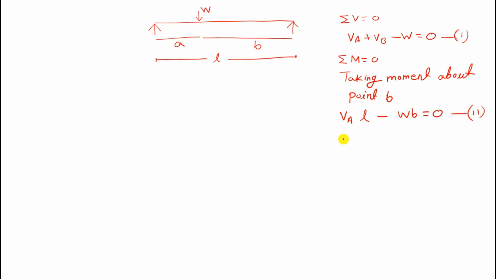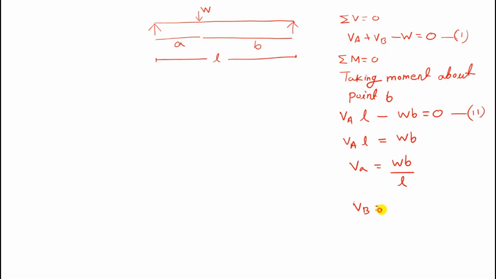So we can say VA into L equals WB, and VA equals WB by L. If you put the VA value in equation 1, you will get VB.